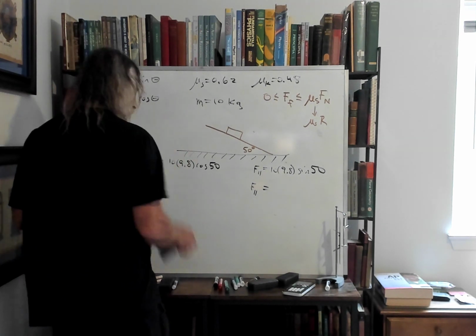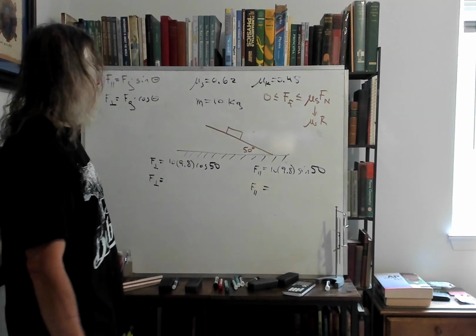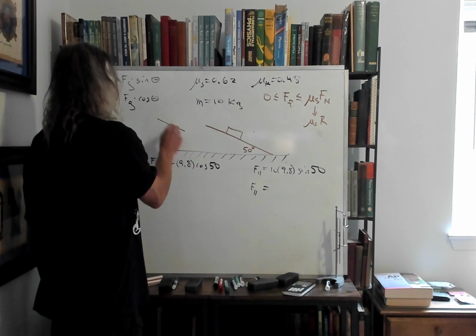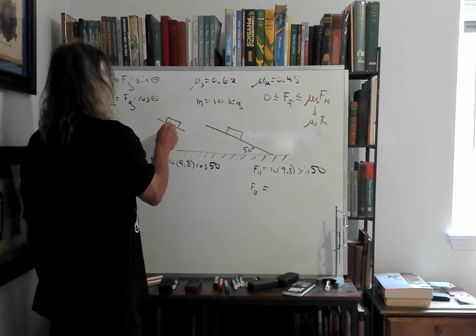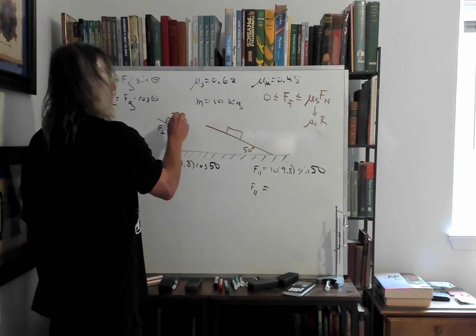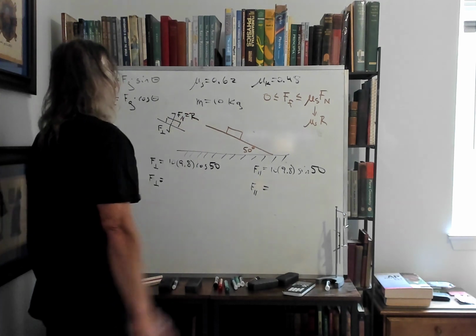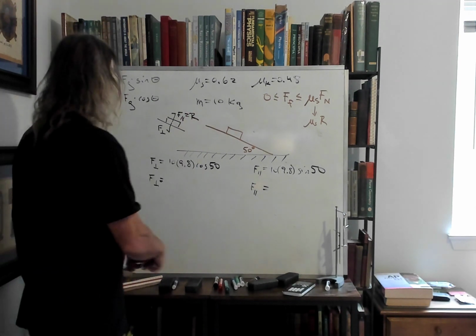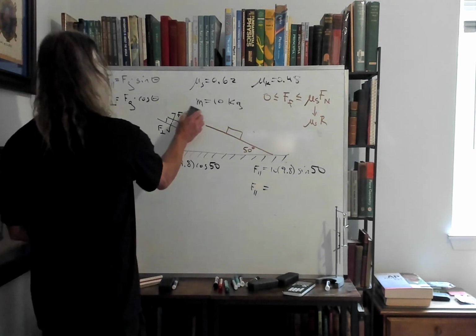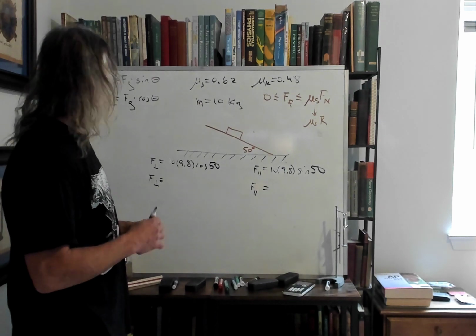So, and then remember, the normal force is equal but opposite to the weight. In this context, we got the block. You got the perpendicular force of gravity, and the normal force would be equal but opposite to it. That's Newton's third law, very important.